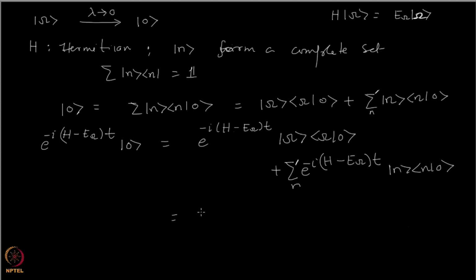So you get the following: this piece which I have written here, and then ket omega. I could have written it there also, but it looks a bit nicer here. Plus e to the minus i (En minus E omega) t.